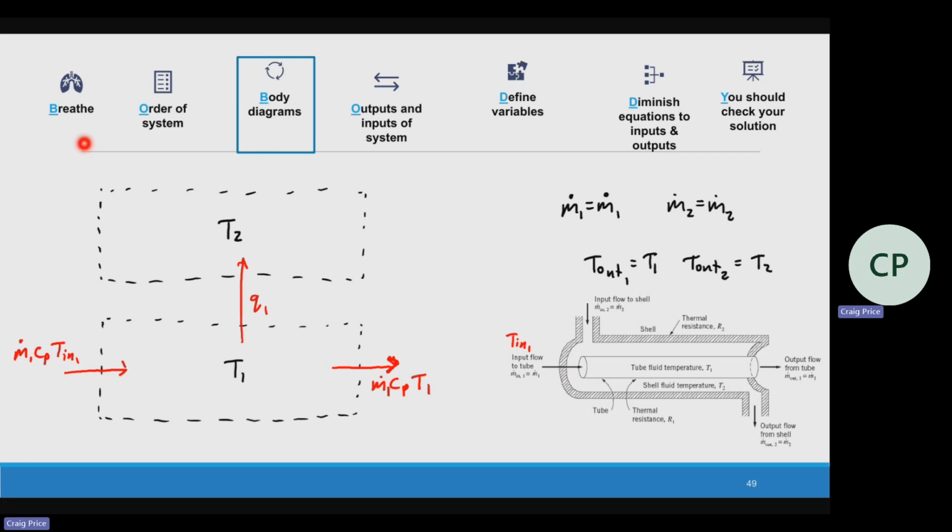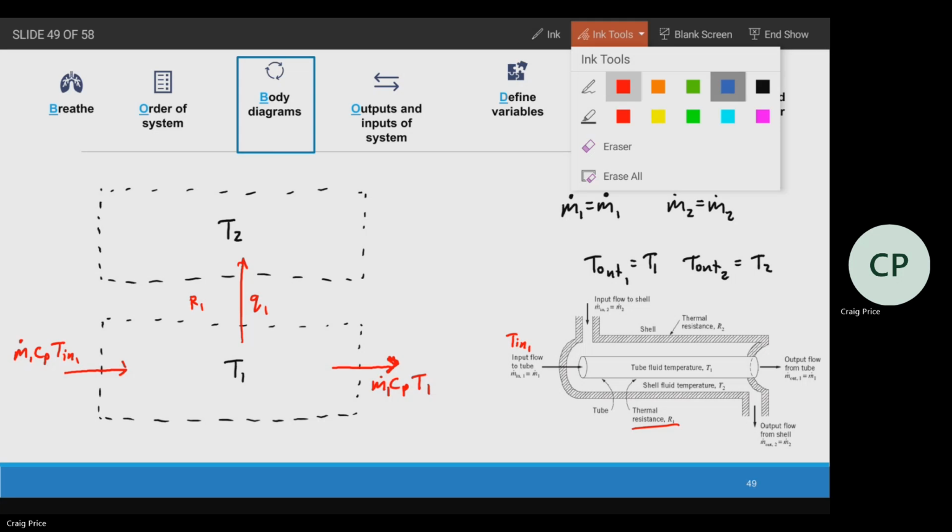In this case, they gave us a thermal resistance of R1. R1 is the boundary between those two, and that could involve some convection, conduction, getting to the wall, getting through the wall, getting to the other fluid. But we're just going to use R1 as the total resistance.